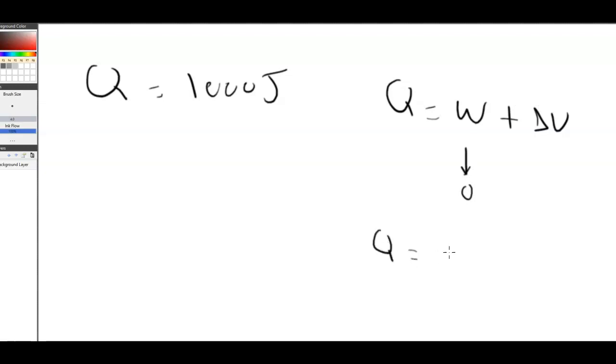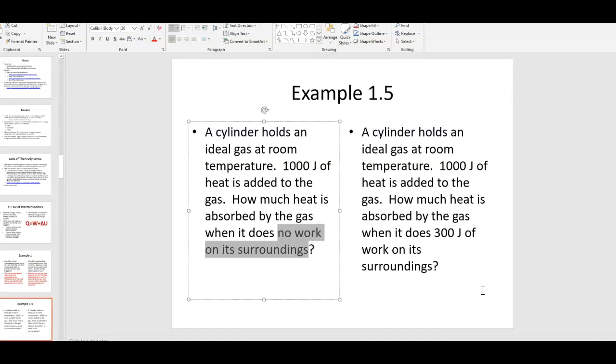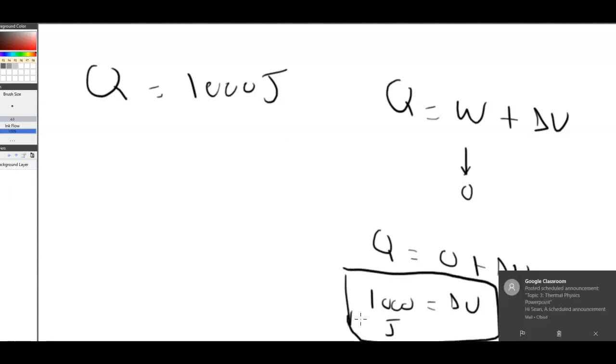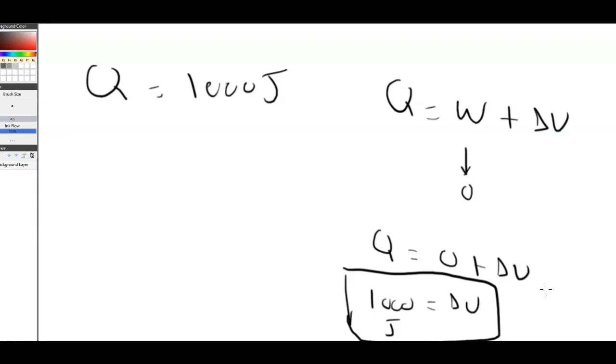Okay, so if we have Q equals 0 plus delta U, and we know Q is 1,000 because that's added as heat, that means delta U, the internal energy, or in other words, the energy absorbed by the gas, is also 1,000 joules. Okay, so there is our example 1.5, at least for the first one.